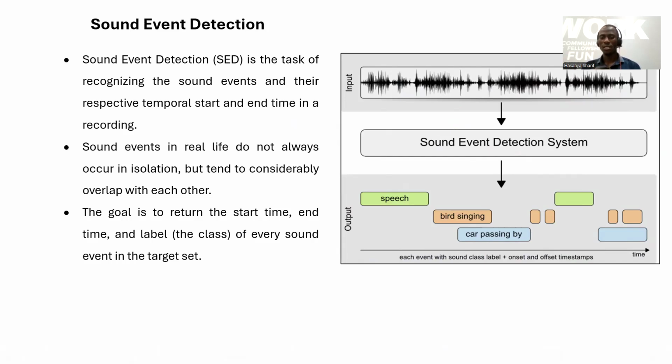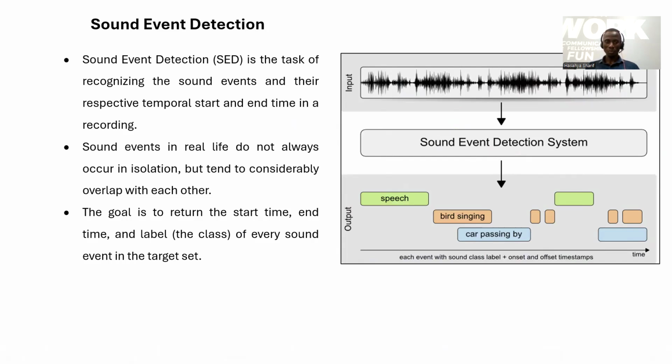We take, for instance, a real life example where we have humans giving speech, birds singing, and cars passing. The sound event detection should be able to recognize that this speech is from a human being, this sound is a bird singing, and this sound is maybe a car passing, and so on.